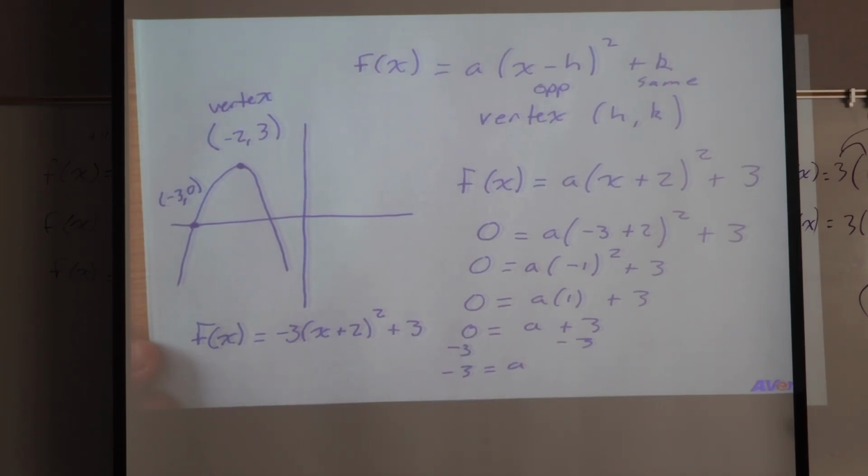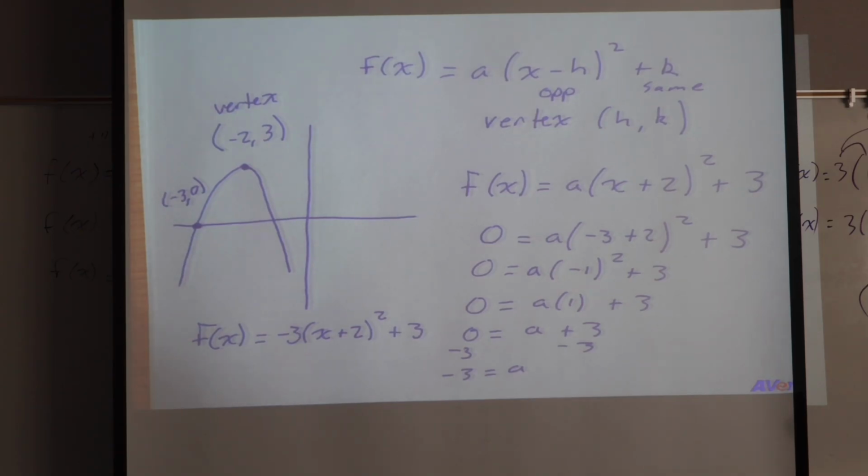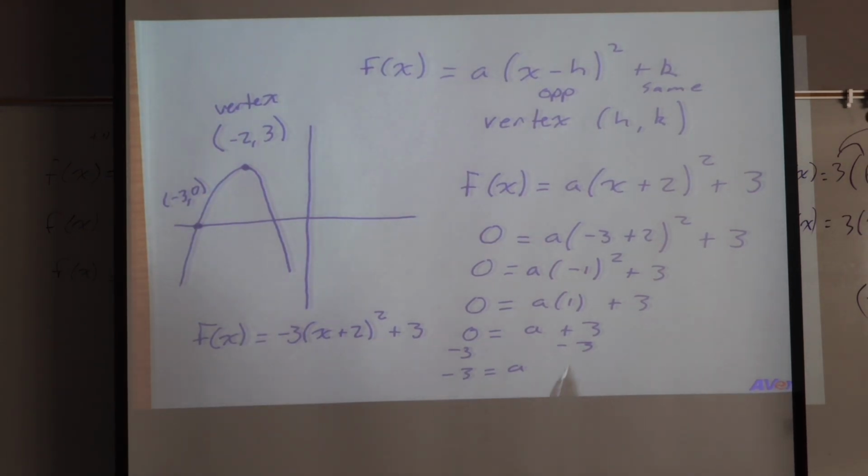Now, if we were to switch that to standard form, we would then have to multiply it out. But as far as taking the information from the graph and plugging it into our vertex form to solve for an equation, this would totally work, and this is awesome.